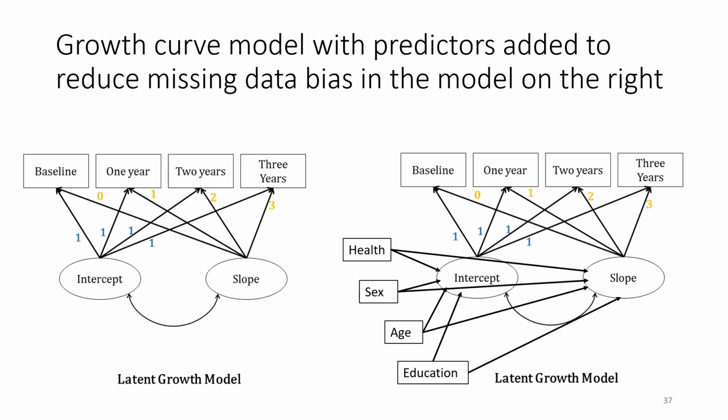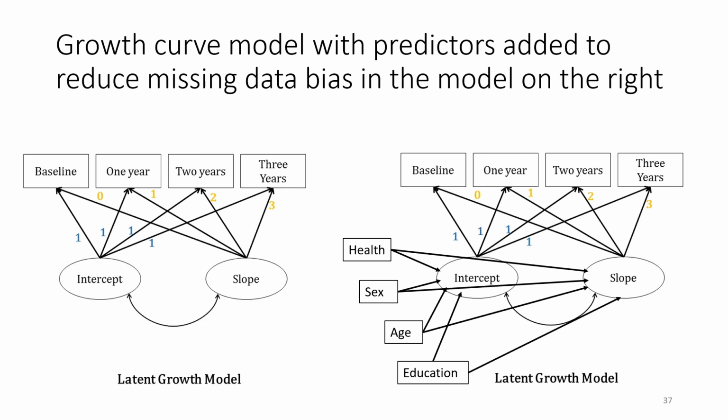Having these variables is likely to partially treat any missing values that exist in the data, assuming MAR, that is missing at random.